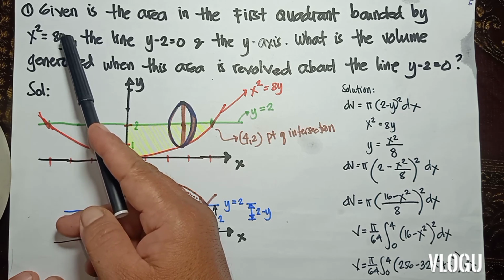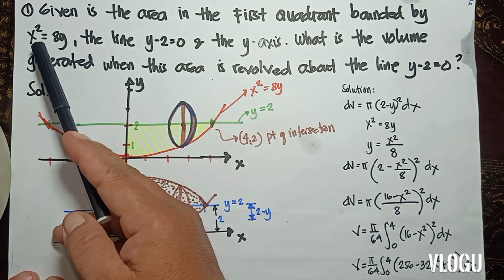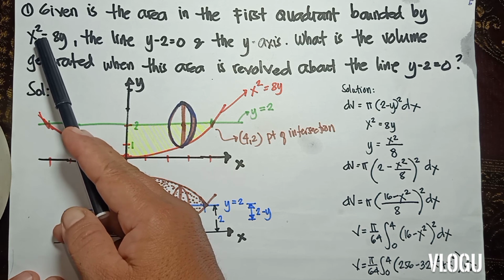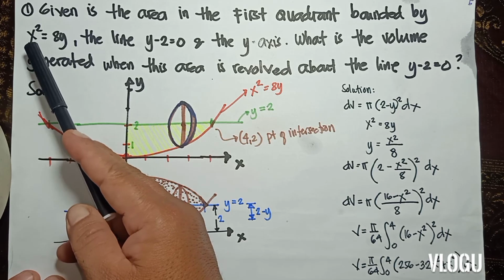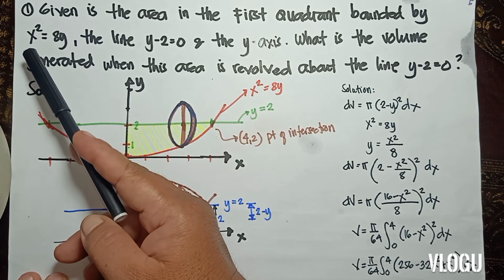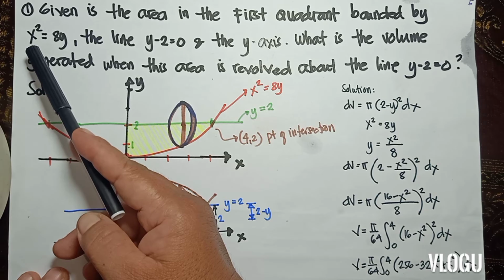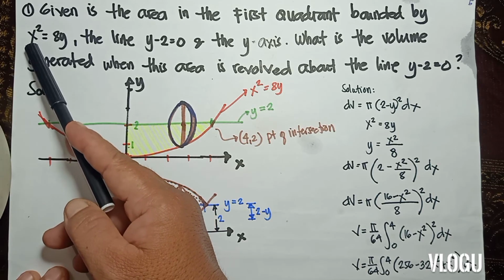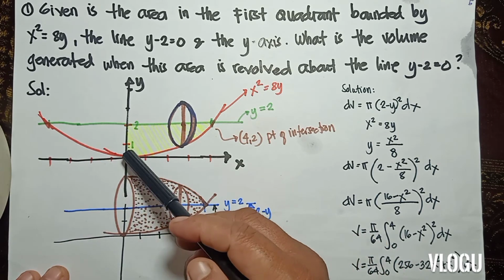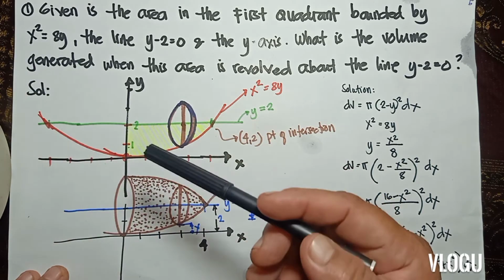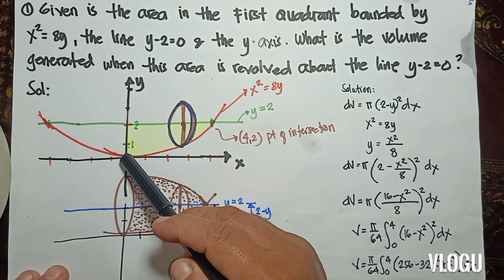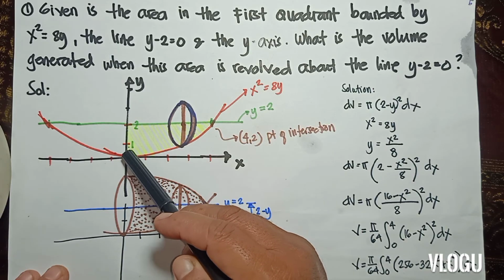And what is its vertex? The vertex is 0, 0. You will have your 0, 0 here because that is x squared alone. So we will have our vertex at 0, 0.